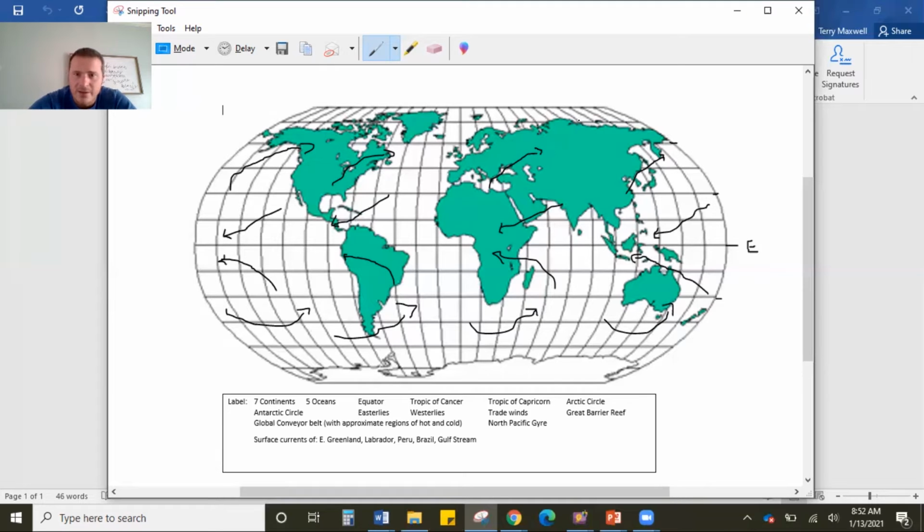And then we have the easterlies, polar easterlies from 60 to 90 coming out of the east and making a southwest motion in the Arctic, and then making a northwest motion in the Antarctic. Okay, so we got polar easterlies from 60 to 90.